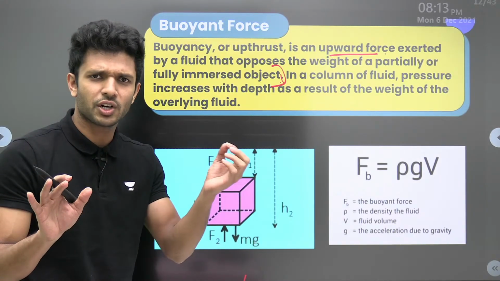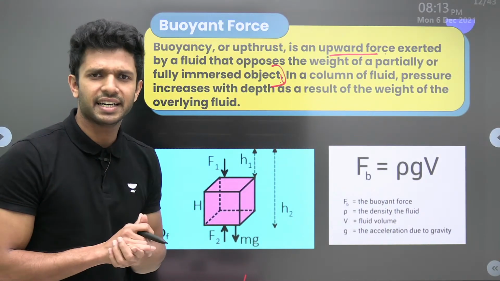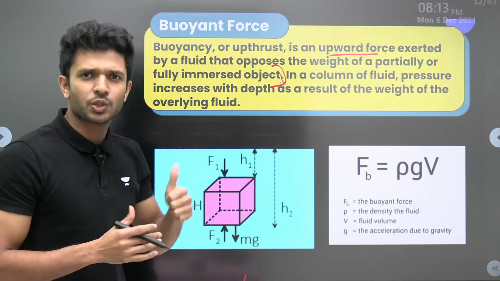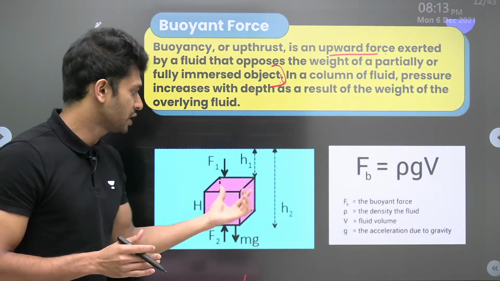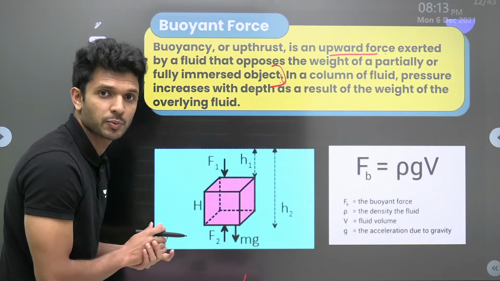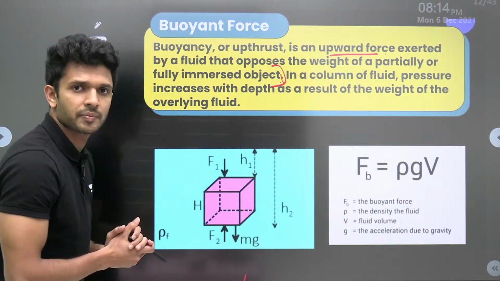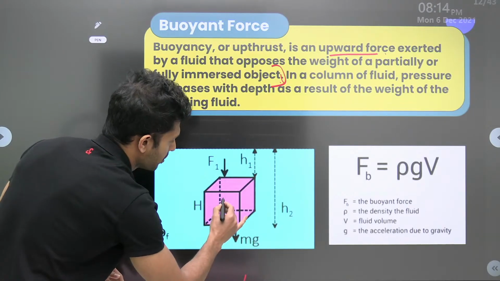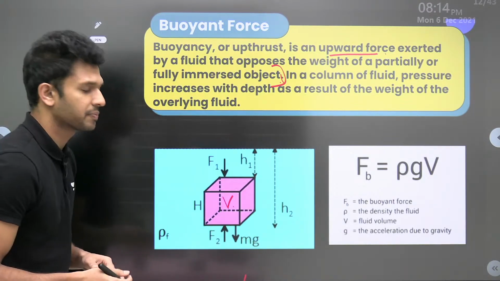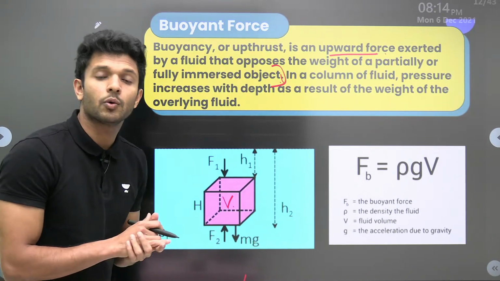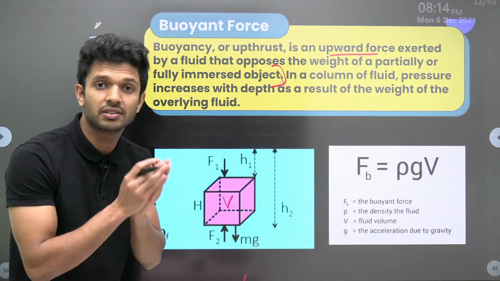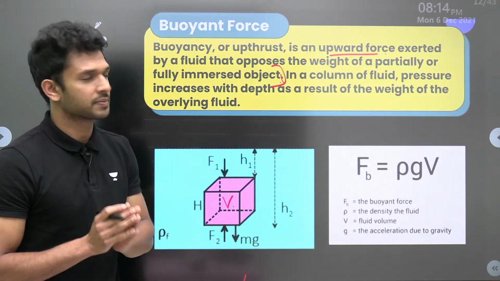I think you already have a very good base from the 10th standard. This is a fluid, this blue color fluid. In the blue color fluid, we are inserting a cube. Let's say the volume of this particular cube is V.